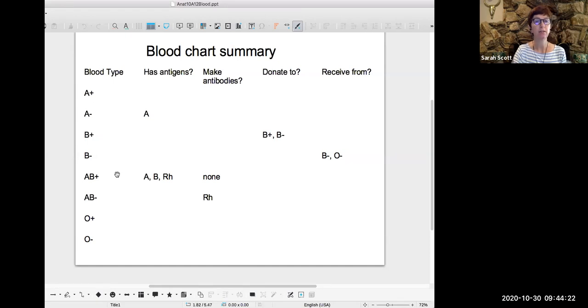All right. So let's look at the AB positive. We know they have all 3 antigens. And that means that no matter what kind of blood they get, they will never make antibodies. So the great thing about being AB positive is you can get blood from absolutely everybody. You're easy. No matter what they give you, you're fine. But who can you give blood to?